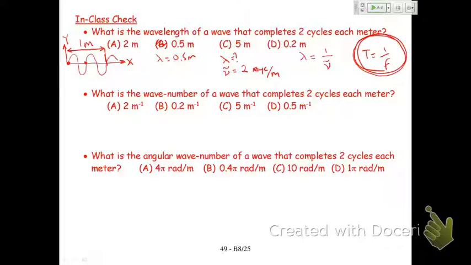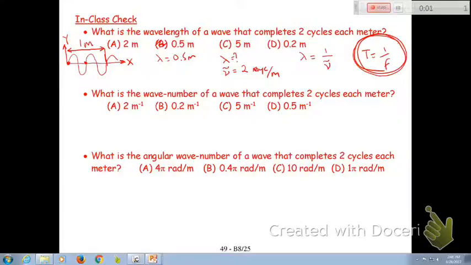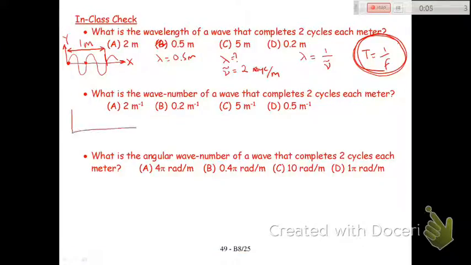What is the wave number of a wave that completes 2 cycles each meter? So now I have this is 1 meter. This is my Y, this is my X. I want the wave number.